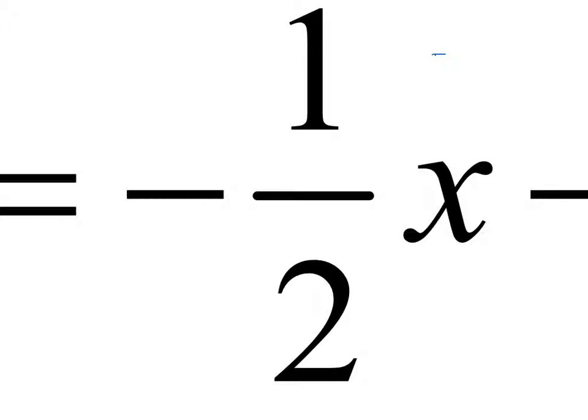So the 2 does what in this multiplication? It's going to cancel out with the 2 down here. So what Ricardo has decided is that anytime there's a fraction coefficient, he's going to use the denominator as one of his x values.